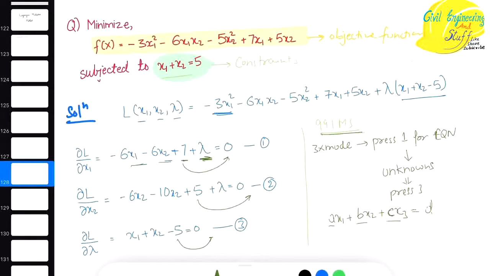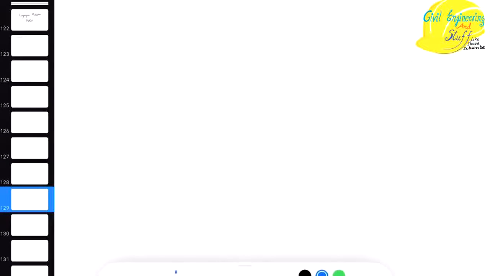Okay, so if you put in the values, the calculator will give you the values of x1, x2 and lambda. So the values that we will get are x1 equals 5.5, x2 equals minus 0.5, and the value of lambda will be 23.